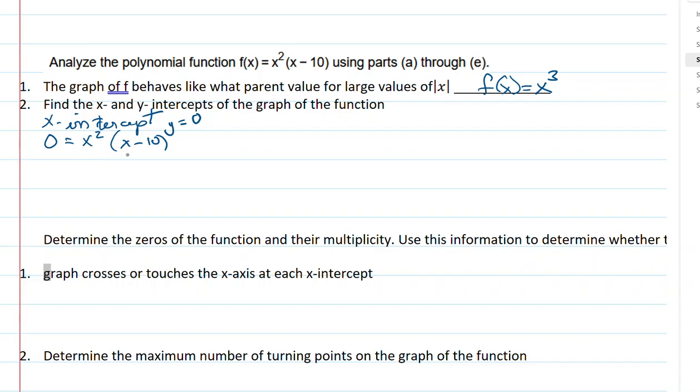Because it's totally factored, 0 has to equal x squared, so we have 0 is x. So an x-intercept with a multiplicity of 2, by the way, is that. And then we have x minus 10 equals 0, therefore x is 10. And so these are our x-intercepts.